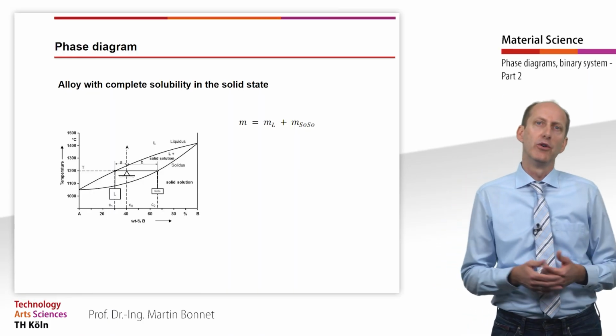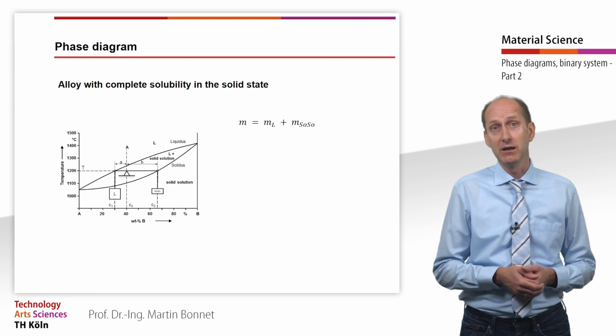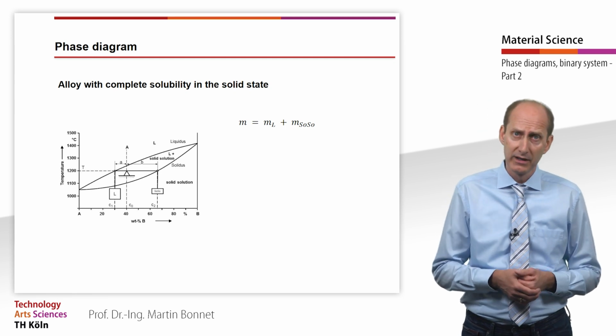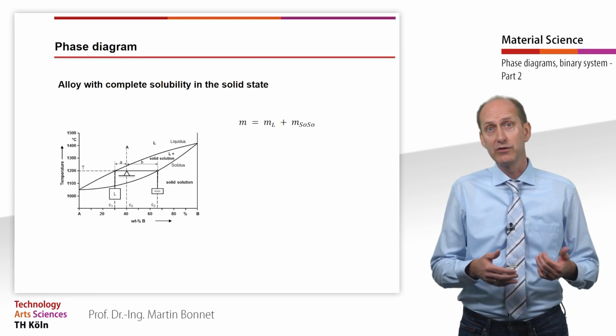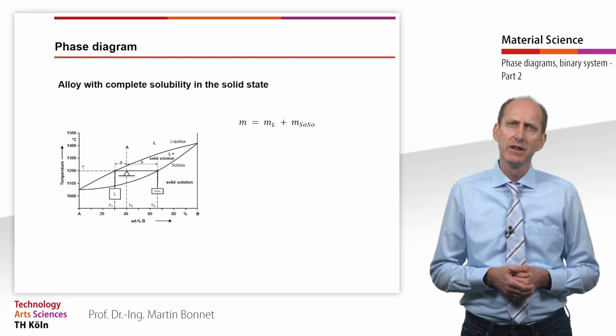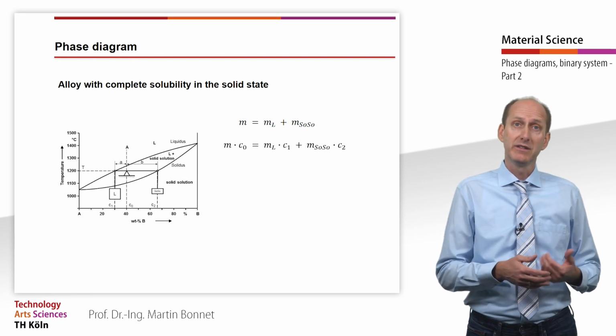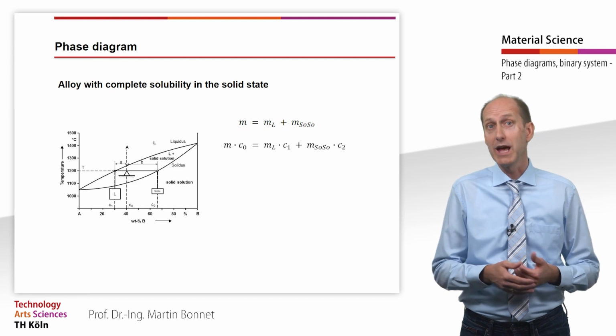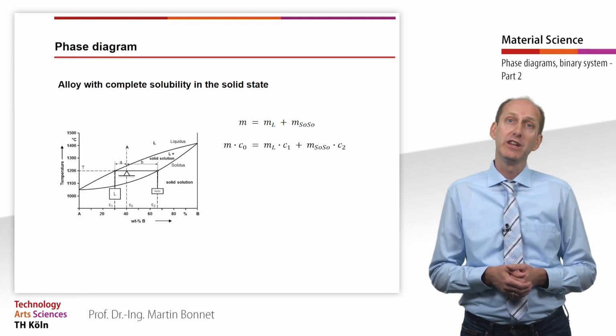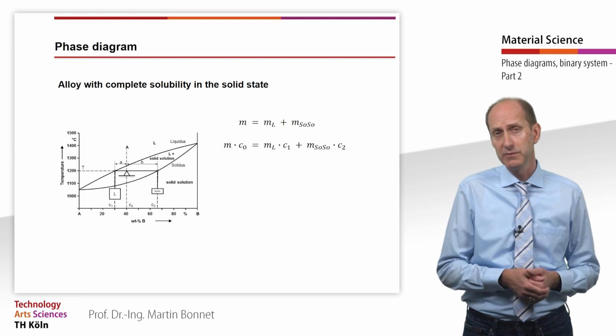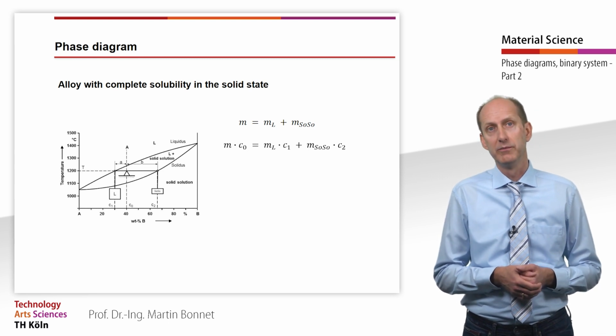Given the total amount M equals ML plus M solid solution, then with regard to the B content at temperature T, we find that M times C0 equals ML times C1 plus M solid solution times C2.